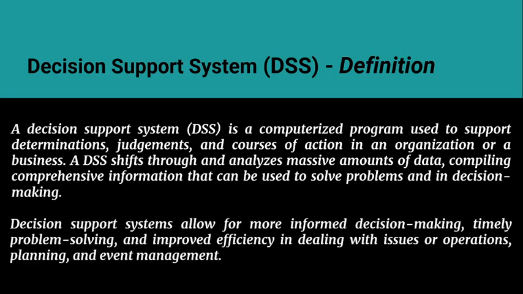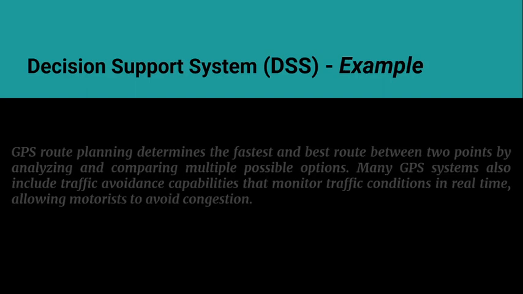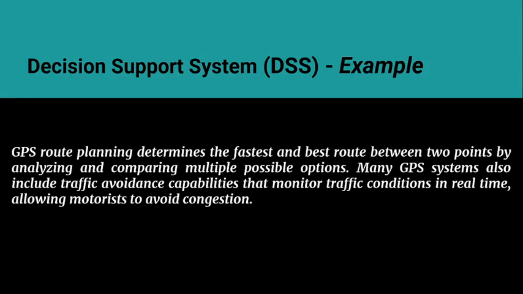So this decision support system allows for more informed decision making, timely problem solving and improved efficiency in dealing with issues or operations, even planning and even event management also. Right, if we take up a real life or day-to-day example, we can see the usage of this decision support system.